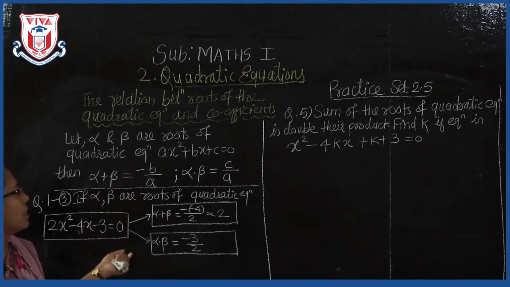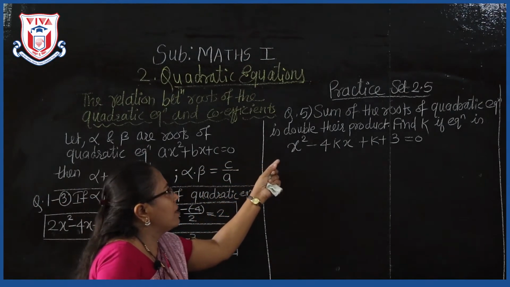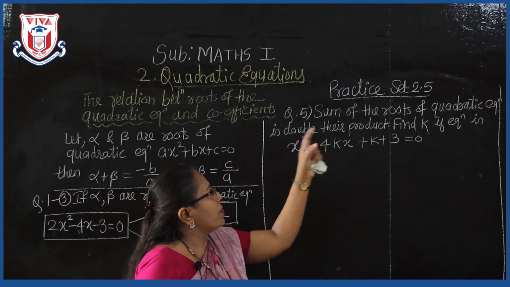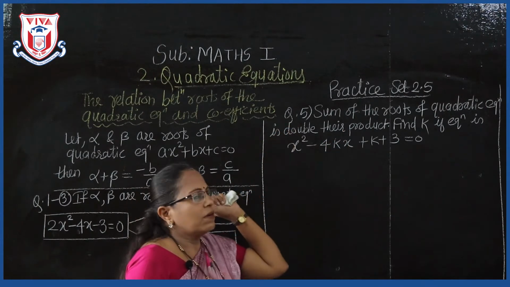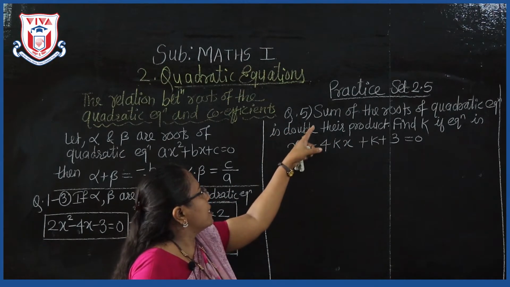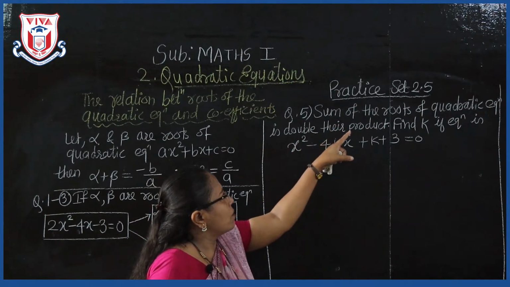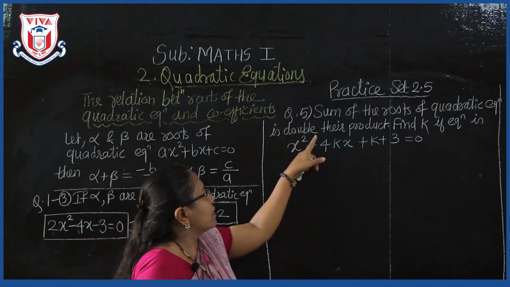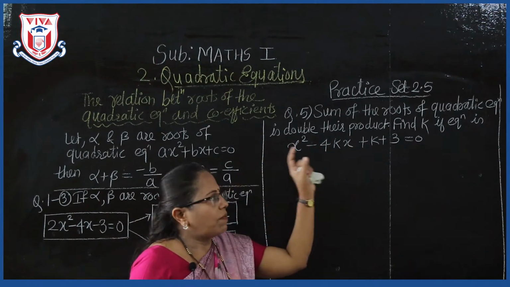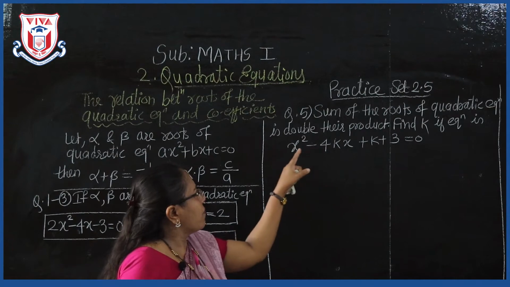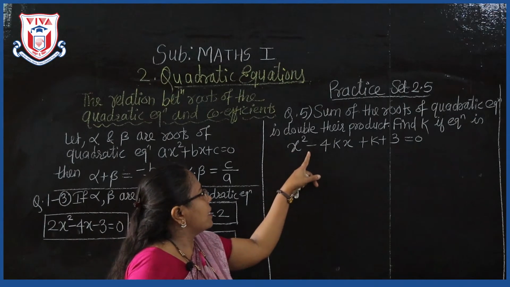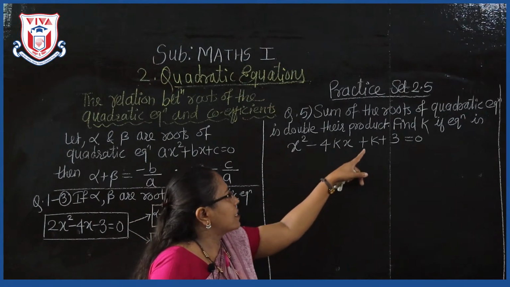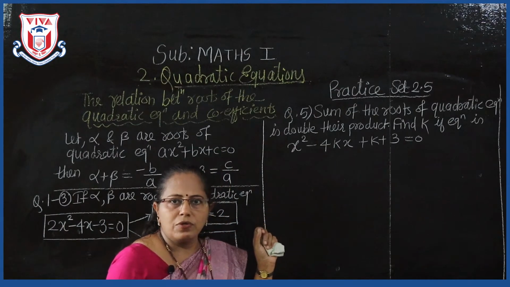Now one more question we will solve from practice set 2.5, question number 5. The question is, the sum of the roots of a quadratic equation is double their product. Find k if the equation is x square minus 4kx plus k plus 3 equal to 0.